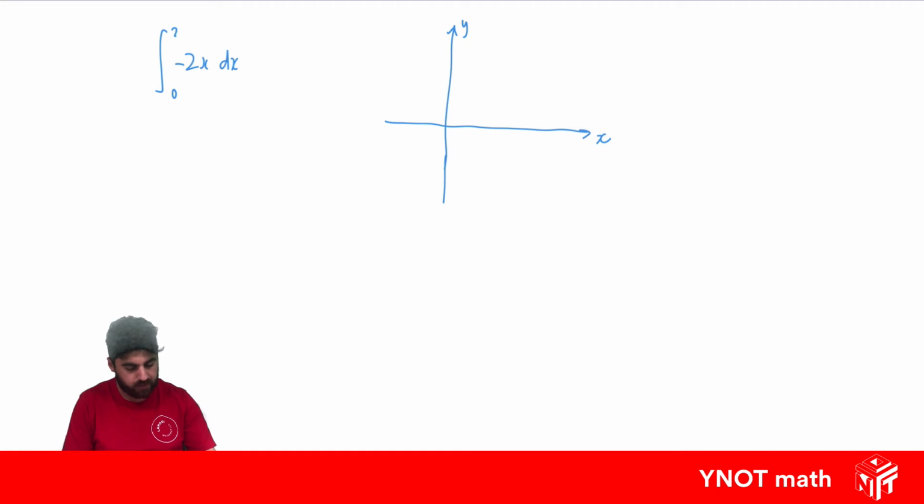So this will be another straight line with a gradient of minus 2 this time, going through the origin. And we're looking between x equals 0, which is the y-axis, and x equals 2, which is another vertical line. And so between the curve, the x-axis and those bounds, we get this area.